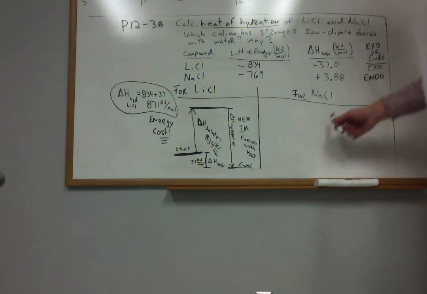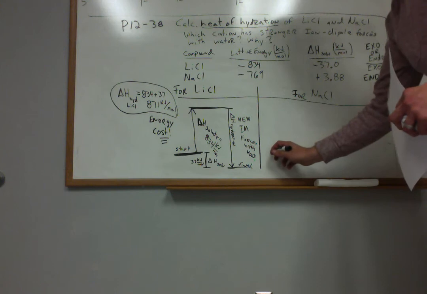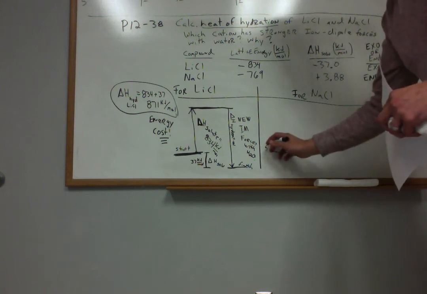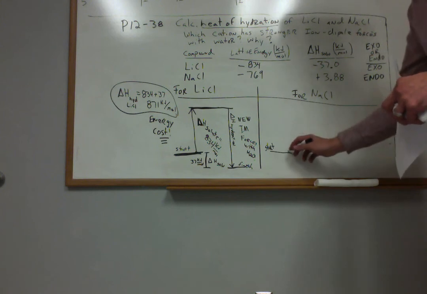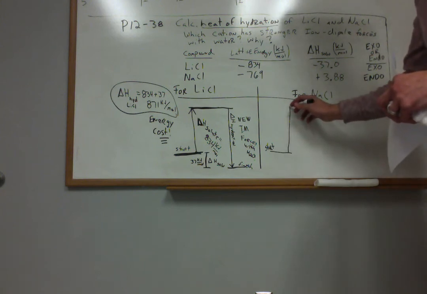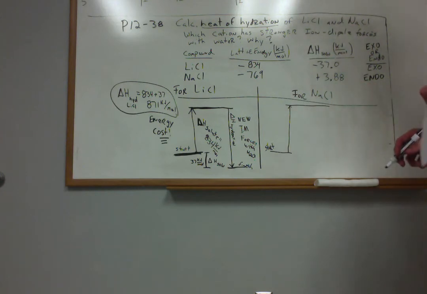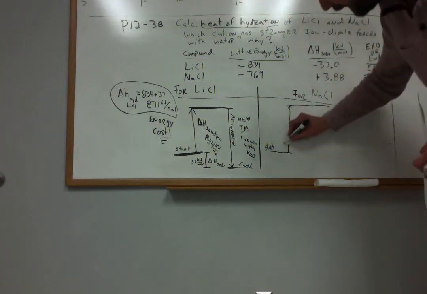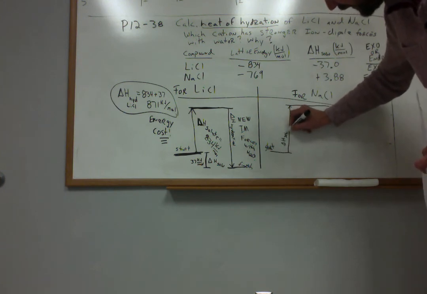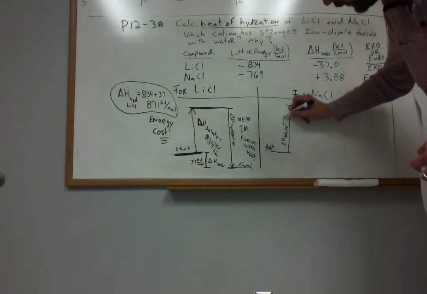We can then turn our attention to sodium chloride. A very similar figure will be helpful. This is our starting point, where we've got our 1 mole of solute. We have to create holes in the solute, or break it apart basically. That's going to be an energy price. Again, your book refers to that as delta H solute, which is quantitatively equal to -1 times the lattice energy.